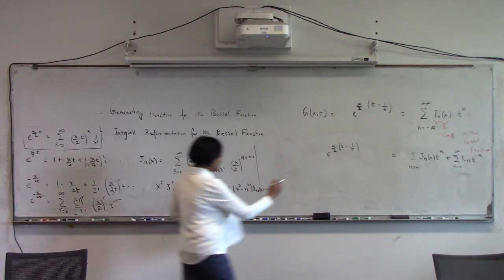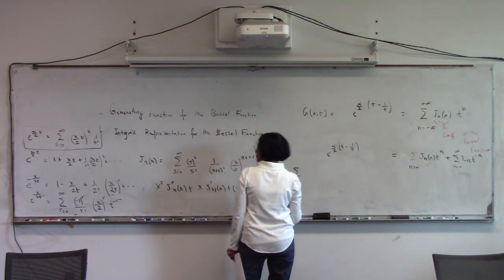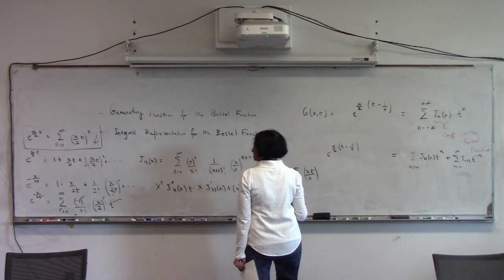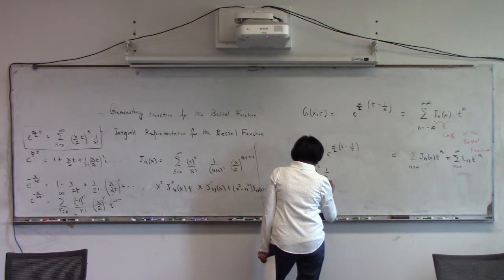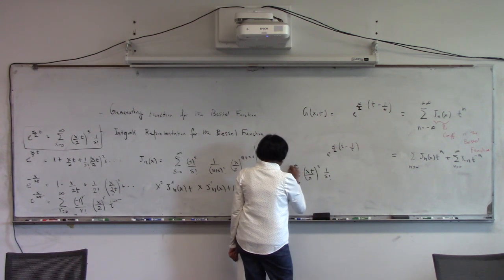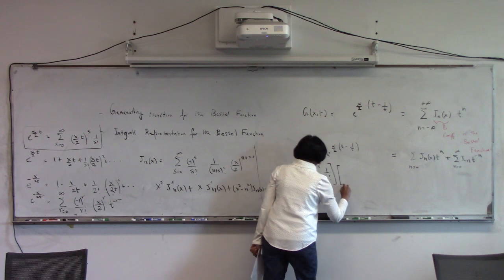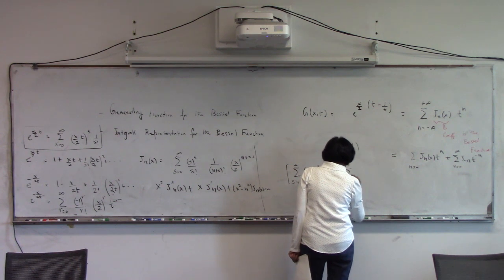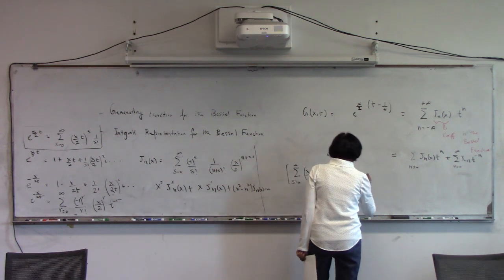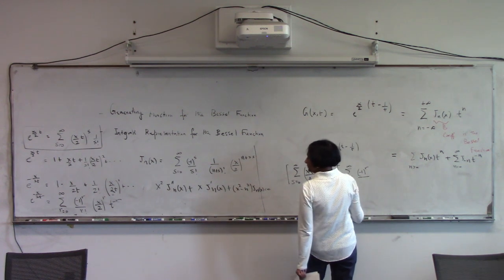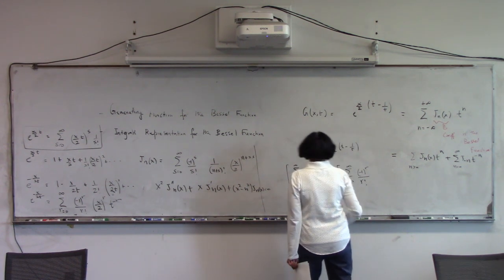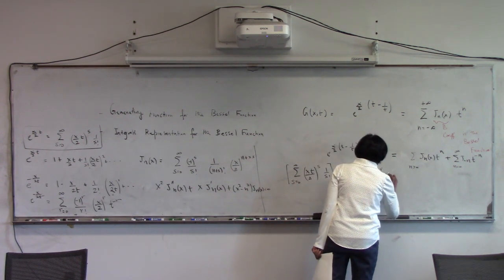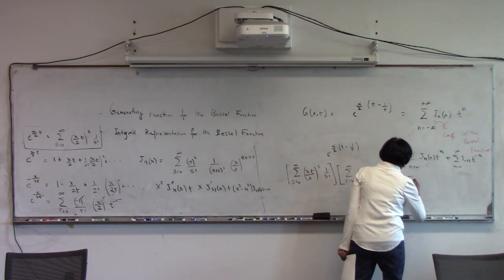So my left-hand side then is nothing but, I could write it as a series like this. The infinite series going from 0 to infinity, minus 1 to the power of r over r factorial, (x over 2) to the power of r, t to the power of minus r, is nothing but all these things.